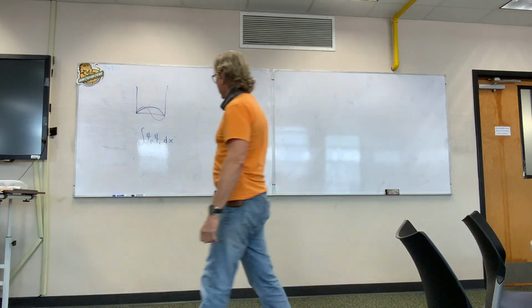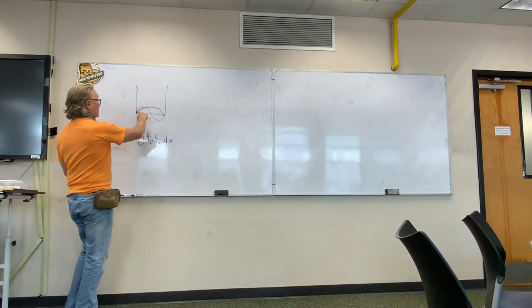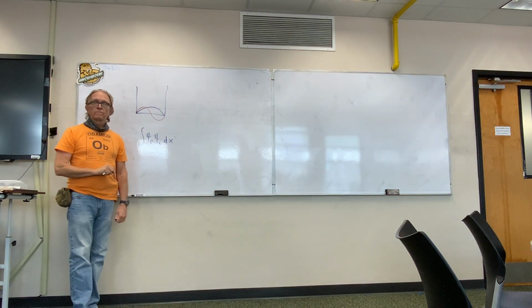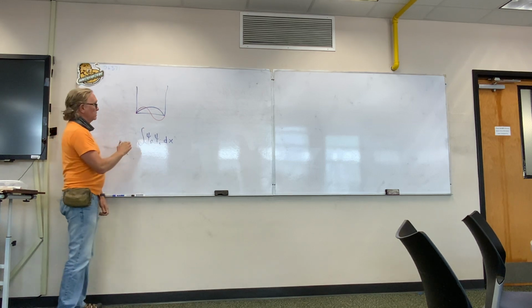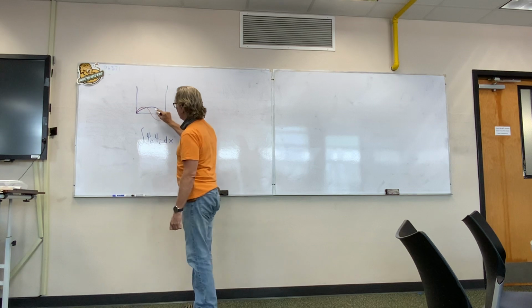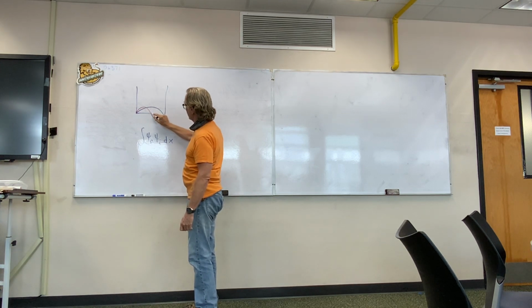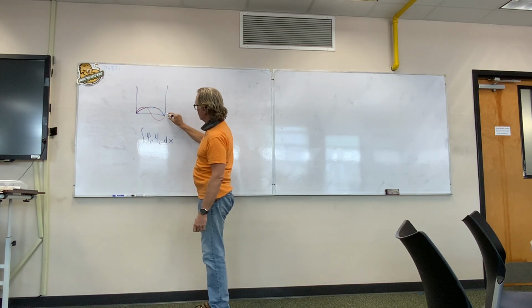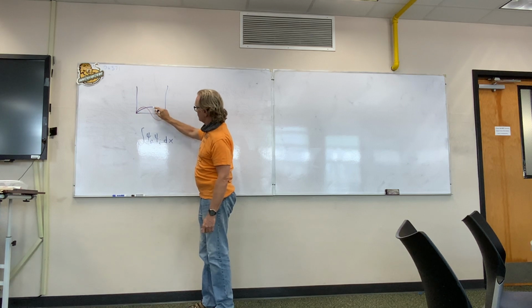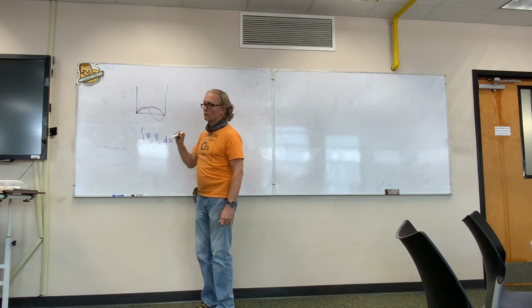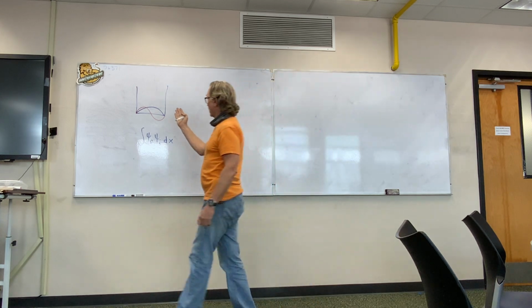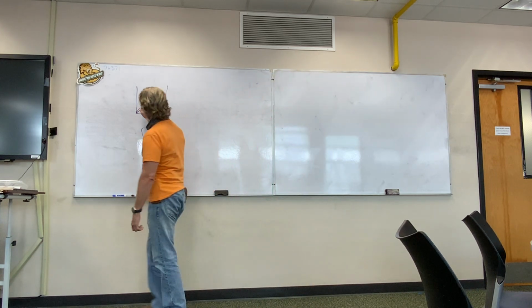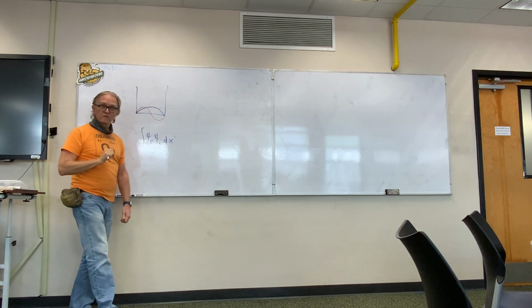And so you look at that and you say, yeah, there's definitely an area under the blue, not under the red. But look, if I multiply these two together, the left side looks the same as the right side, with one exception.